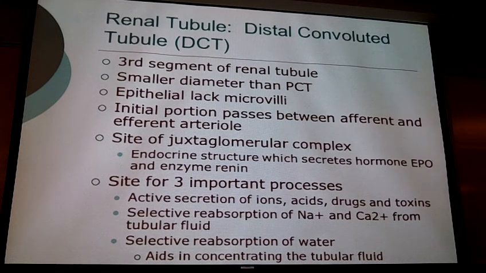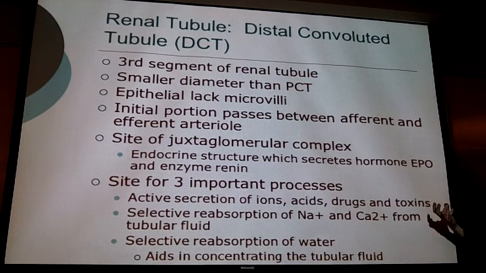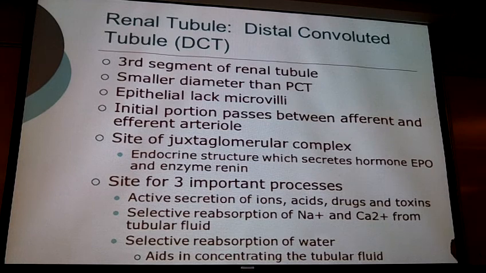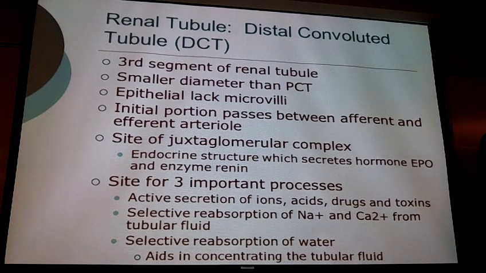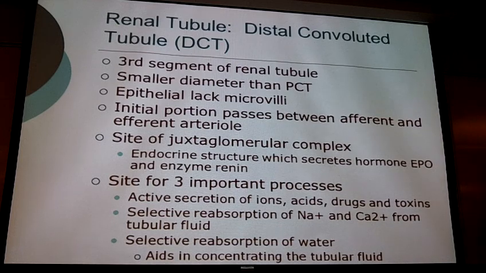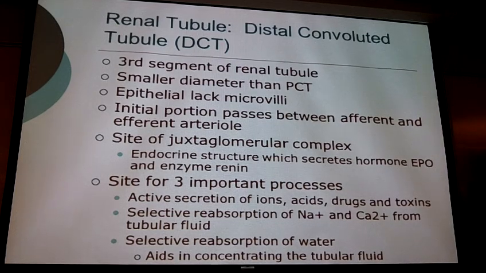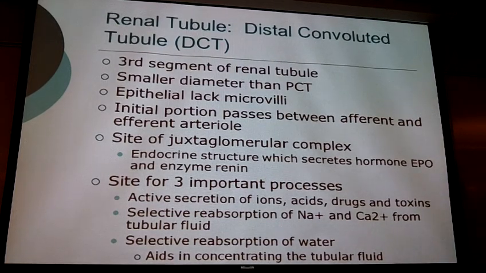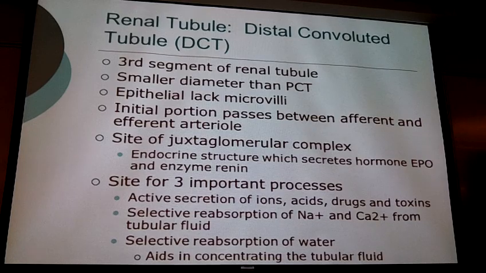So we can change the pump numbers. We can either have more calcium pumps in the membrane or less, and that will then cause more or less calcium to get reabsorbed. So that is the major difference. DCT is under the influence of hormones. That's where we can change how much we're reabsorbing based on what the body needs at that particular point in time.